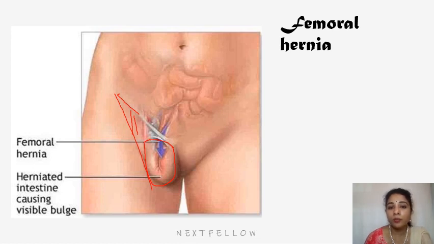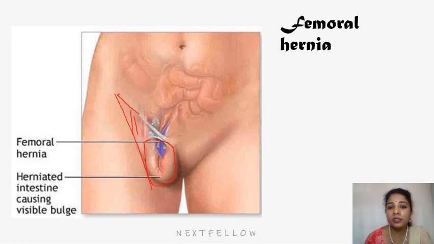An important relationship which you have to know is the location of the inguinal canal and the femoral canal. The inguinal canal runs superior to the inguinal ligament, superficial and medial in direction, whereas the femoral canal lies below the inguinal ligament.